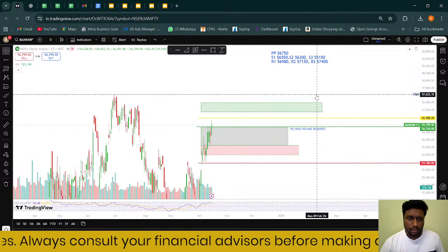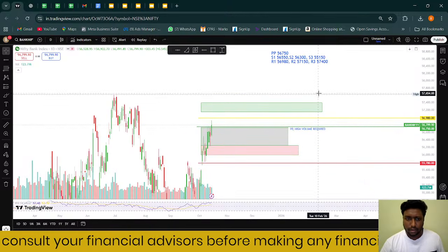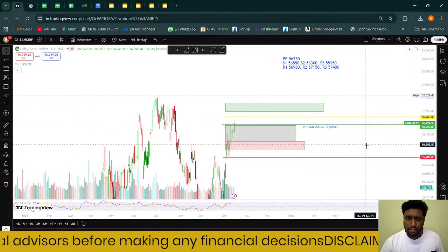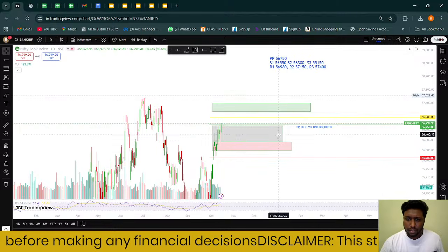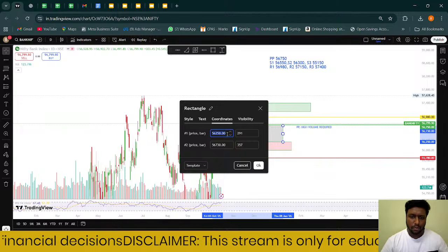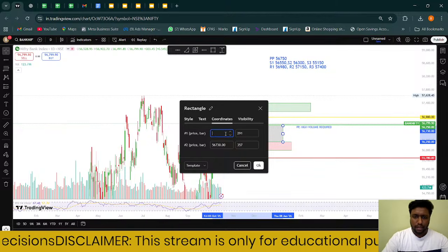You can see that previous highs are kind of near only, but for the day we consider these as the bullish zones. So let's mark the range bound movement. Range bound movement will always be between R1 and S1.